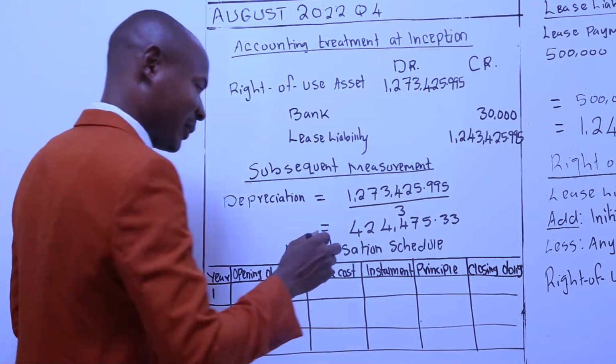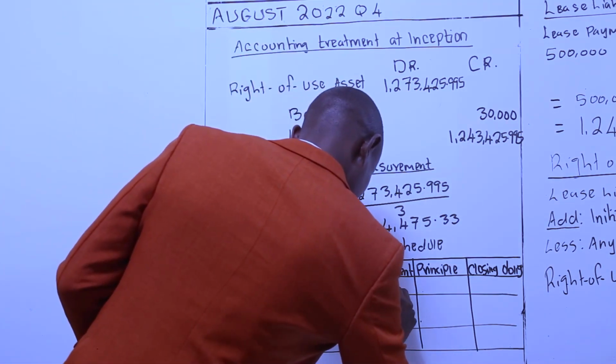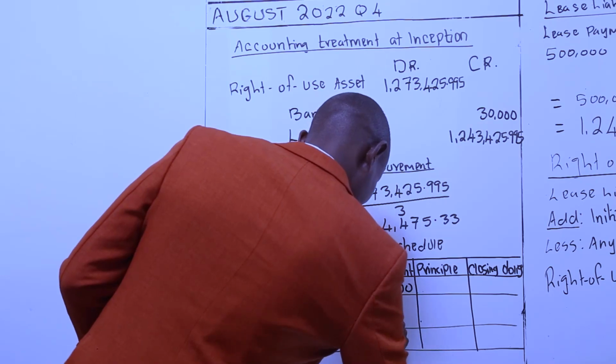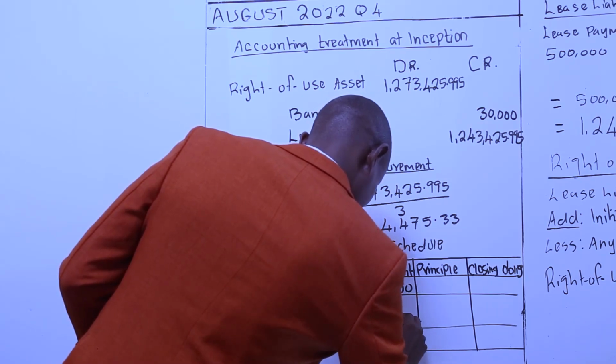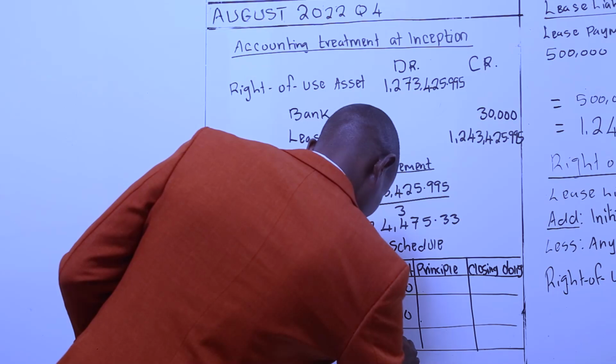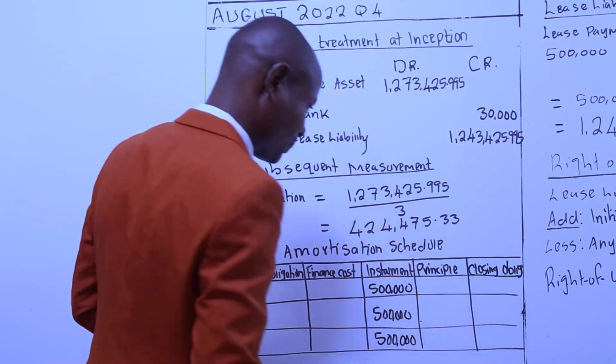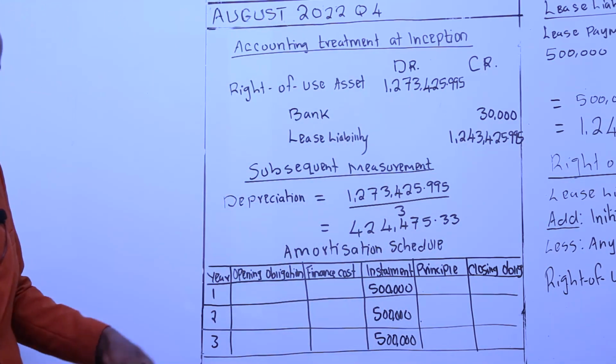For installment, this one has been given as 500,000, 500,000, and 500,000. That is constant for installment.